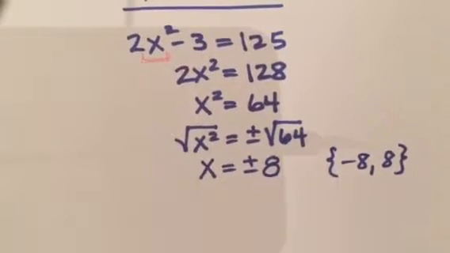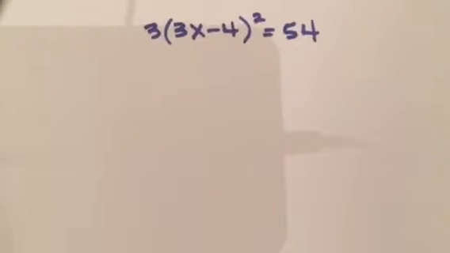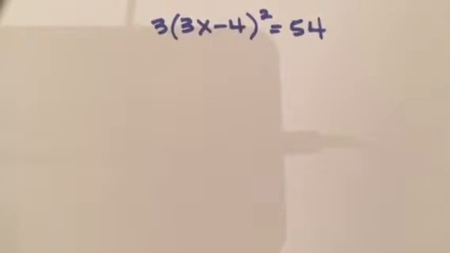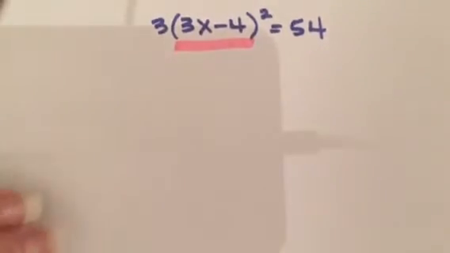One more example we'll look at would be something that is a little more interesting. You know, in math speak, a little more interesting always means maybe a little more difficult. Okay, so what is being squared in this equation? Well, we've got this whole thing being squared here. So we want to isolate this.